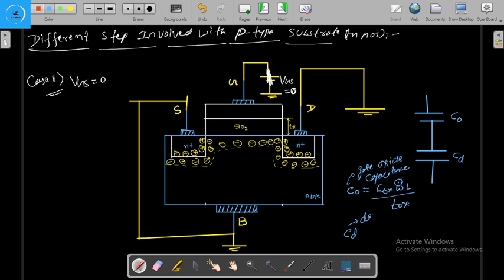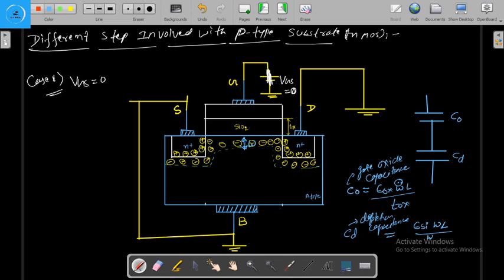CD is the depletion capacitance, and it is equal to epsilon SI, the permittivity of silicon, into W L, divided by the width of the depletion region.